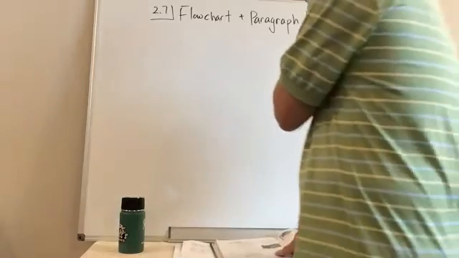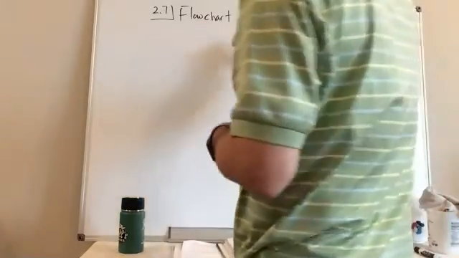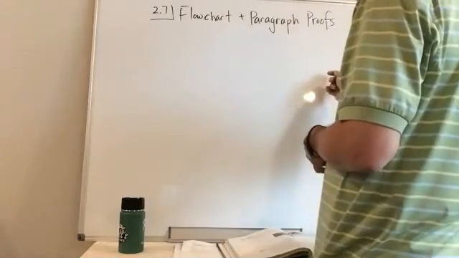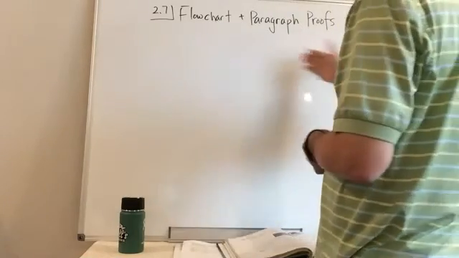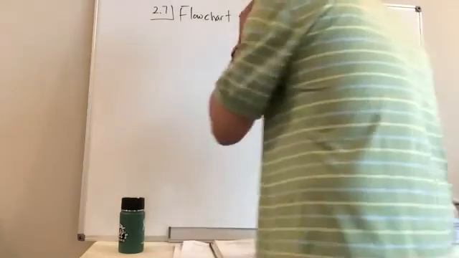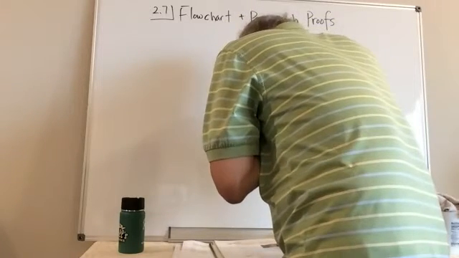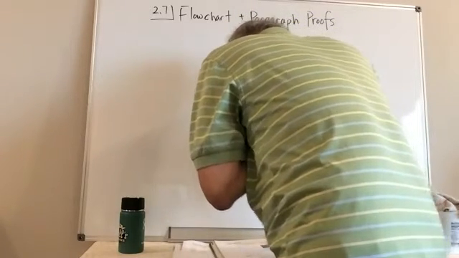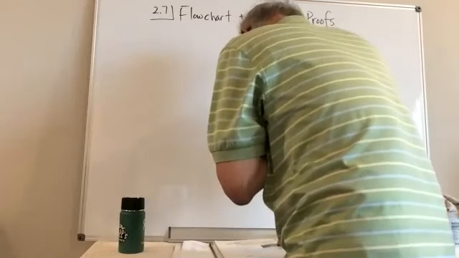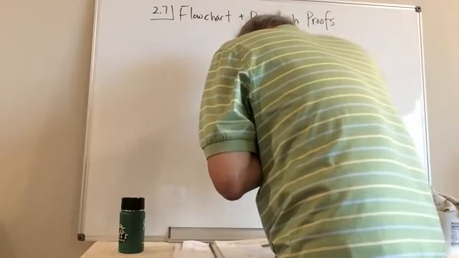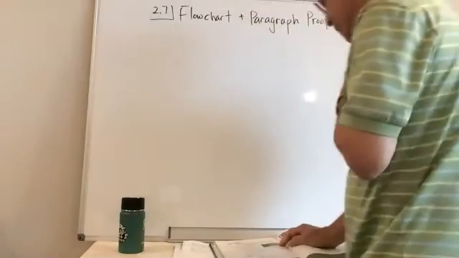In a paragraph, you're just writing as you would write an essay, what's happening and what's going on. So a paragraph proof is a style of proof that presents the steps of the proof and their matching reasons in sentences in a paragraph. Although the style of proof is less formal, you still must include every step.